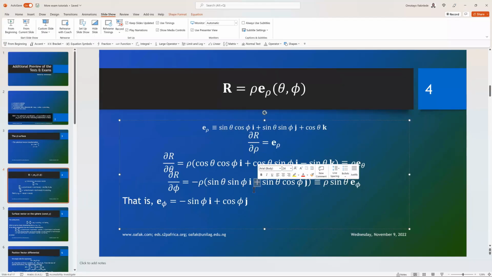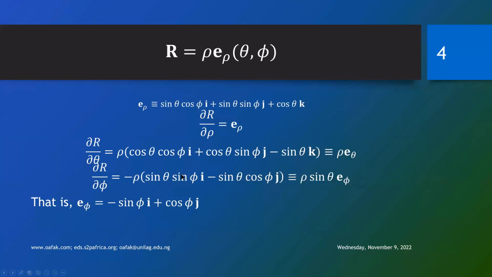This is negative. What you have in the bracket here, if you take the sign out, is minus sine phi i plus cos phi j. That is what we define as E phi. So E phi is minus sine phi i plus cos phi j.